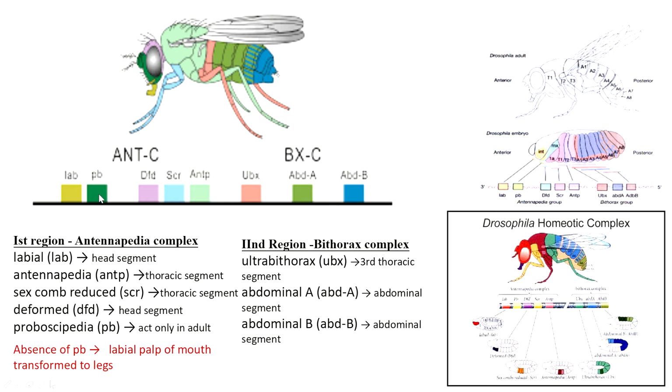Then the proboscipedia: this is the expression of the proboscipedia at the head region. Then deformed, violet color, again in the head region. Here we can see the head region, and labial as well as deformed are responsible for the formation of the head segments. And another one is sex comb reduced.